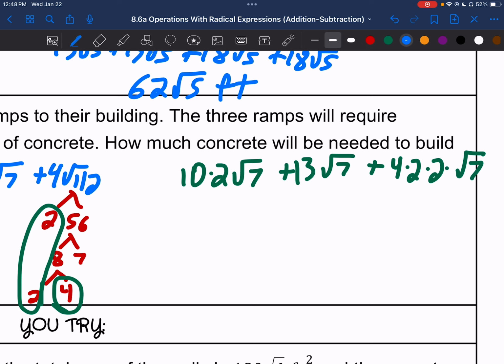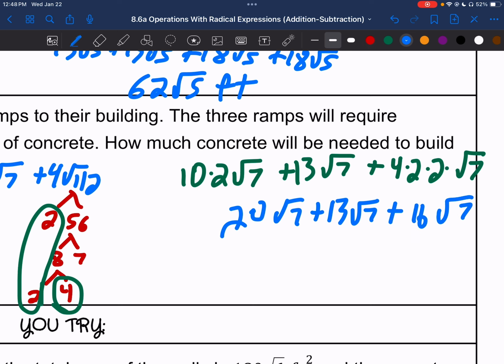So 10 times 2 is 20 square root 7 plus 13 square root 7 plus 16 square root 7. And when you add that all together, you get 49 square root 7 cubic feet of concrete that are needed to build those 3 wheelchair ramps.